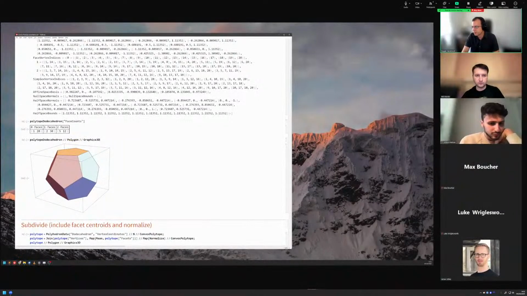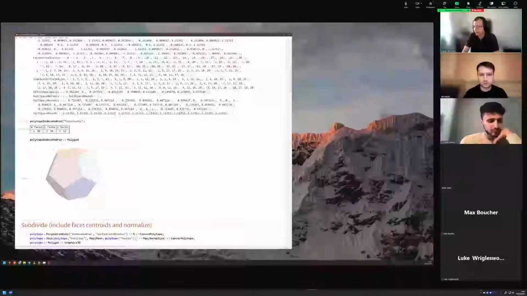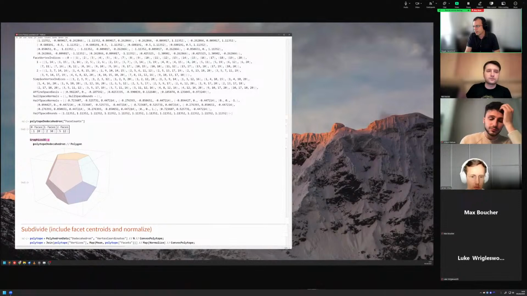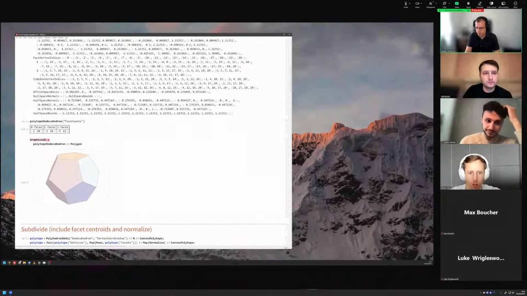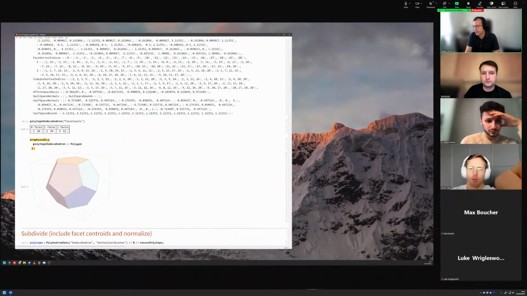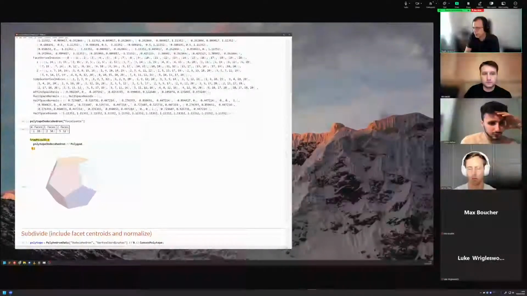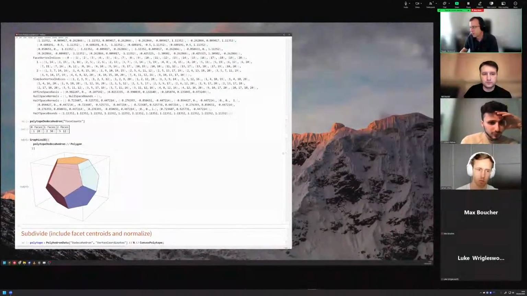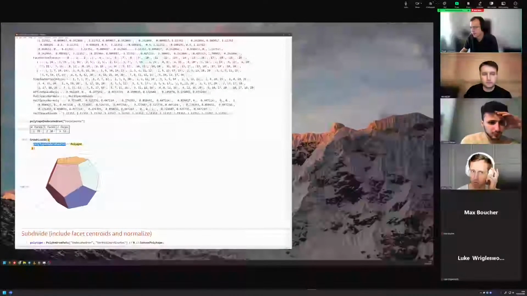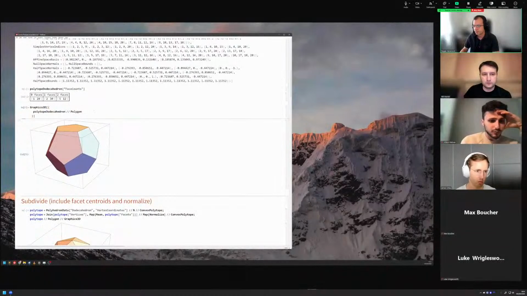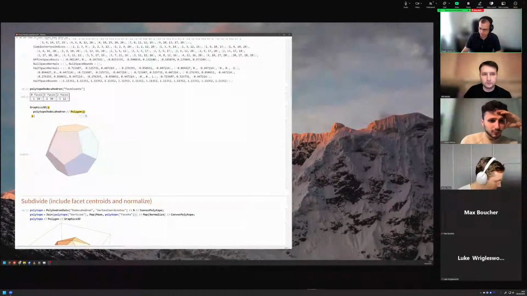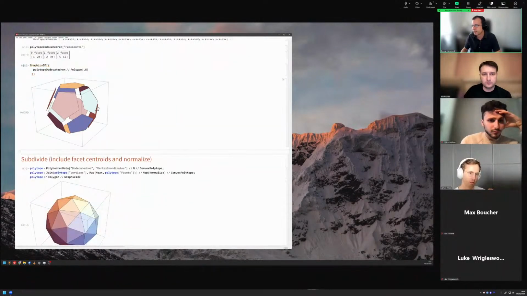Also, I included options, so you can just tell it to spit out polygons, and it'll spit out graphics primitives, so you can display it. I also added a little feature where you can scale the faces.